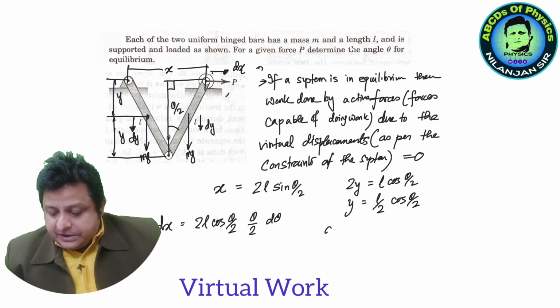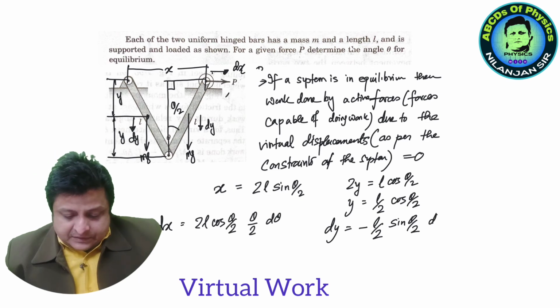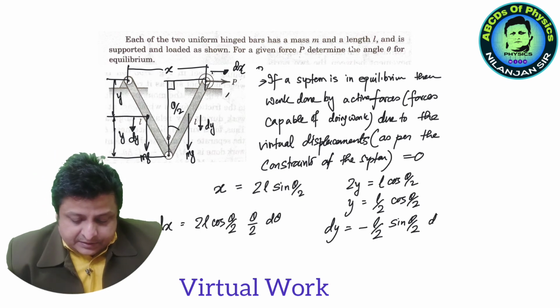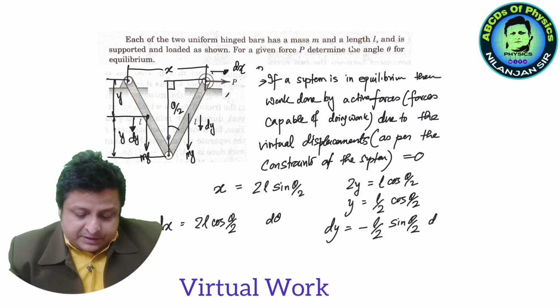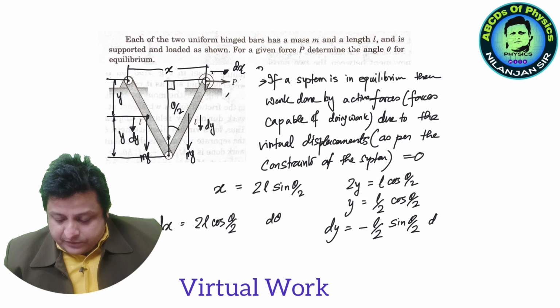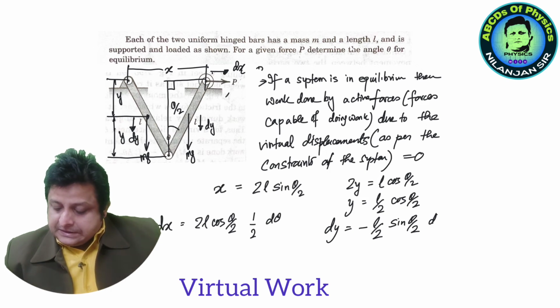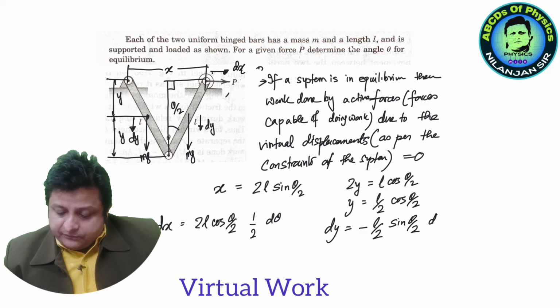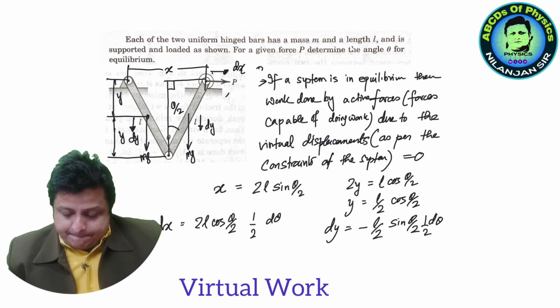In the same way, dy is equal to minus L by 2 sine theta by 2, times again a half, times d theta.